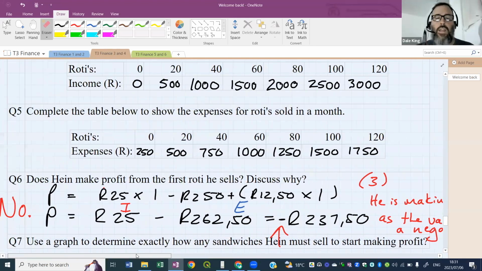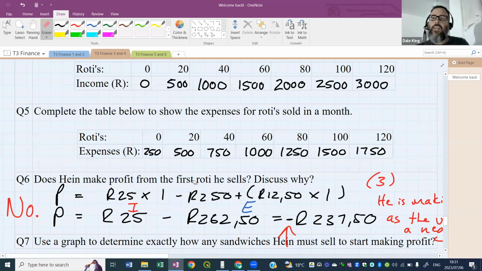Now, not yesterday, Tuesday's scenario, ladies and gentlemen, and tonight's scenario: we never made profit from the first item sold in both situations. I highlighted it on Tuesday, and I'm going to highlight it again. Here in the expenses table, this 250, it could be 500, it could be 5,000, it doesn't matter what it is.